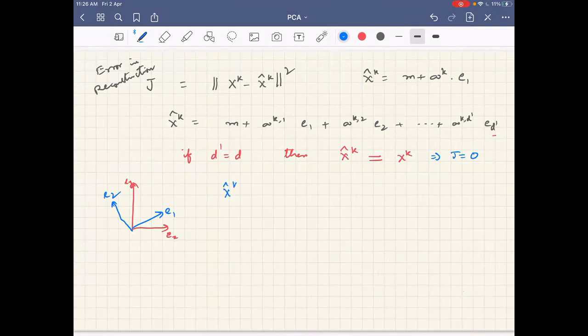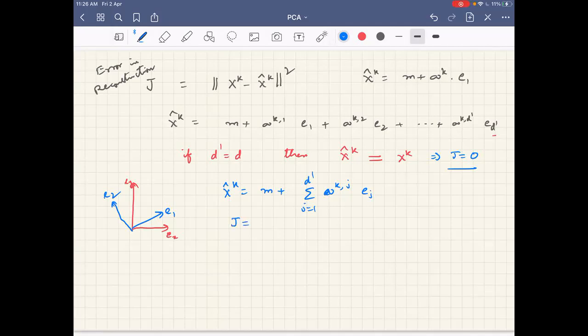Let us write xk hat explicitly as sigma ak comma j into ej, where j equal to 1 to d dash. This is the expression for when we project onto d dash dimensions. We have seen that d dash equal to d means error is 0. However, when d dash is not equal to d, how do we quantify the error?